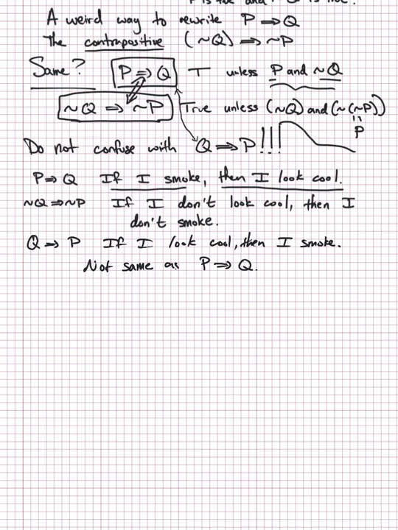So let me see. Finally, just one more thing which is kind of useful. P if and only if Q. So this is true if P implies Q and Q implies P. Okay, so we think of them as equivalent statements.